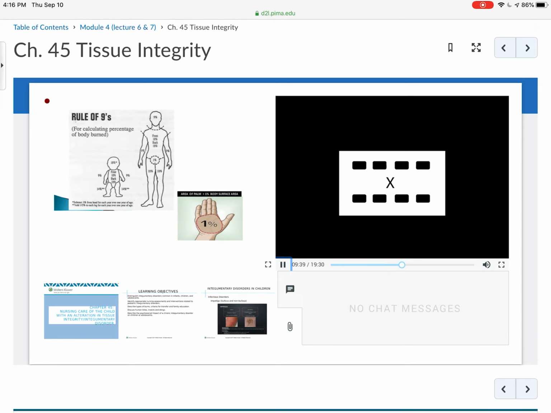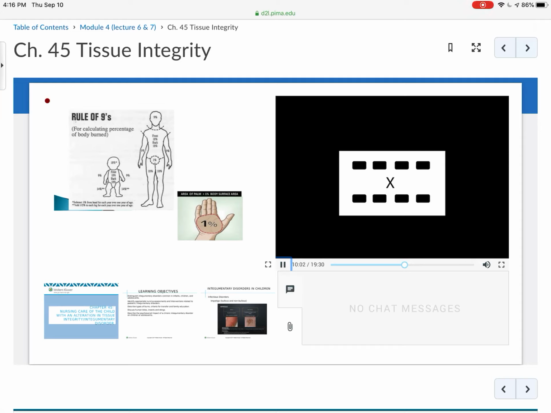When measuring a burn, it's really important to use the same type of measuring tool. There are a couple of different ones. There's the rule of nines, where each portion of the body is related to the number 9. There's also the palm measurement, where the child's palm is 1%.